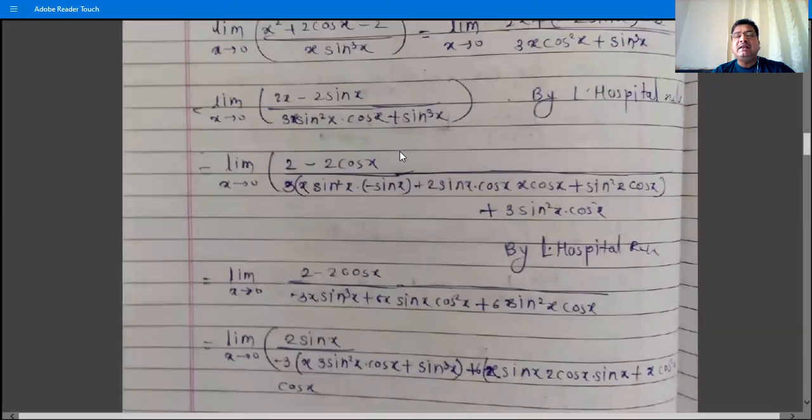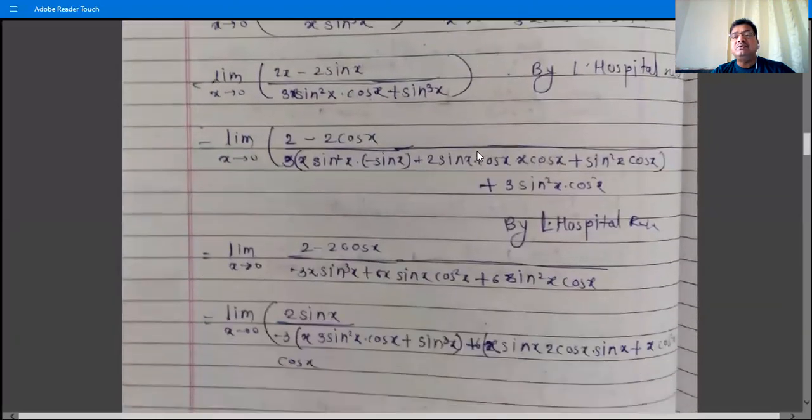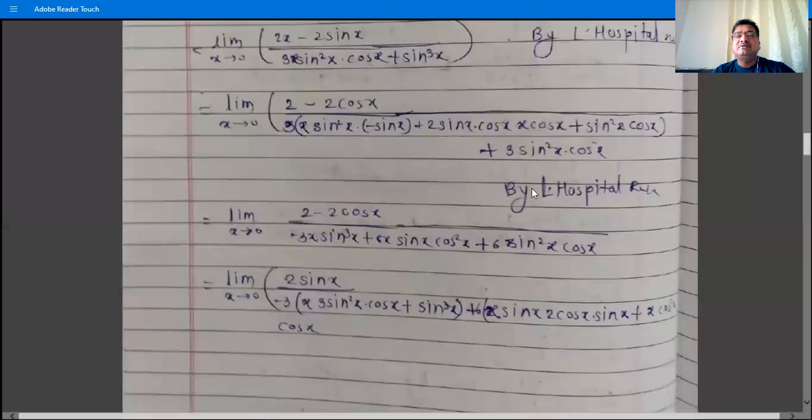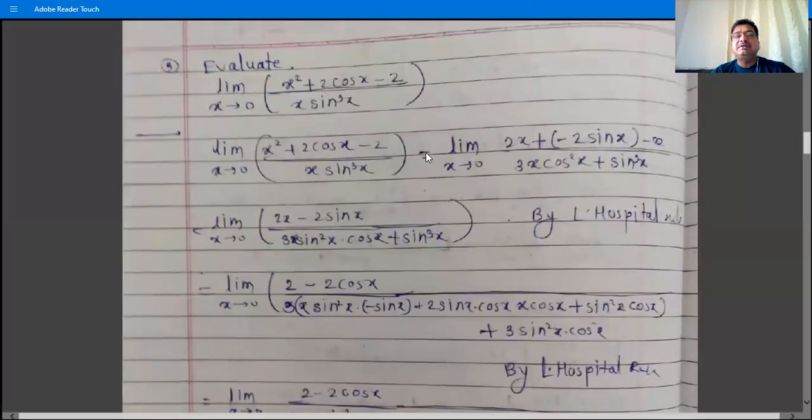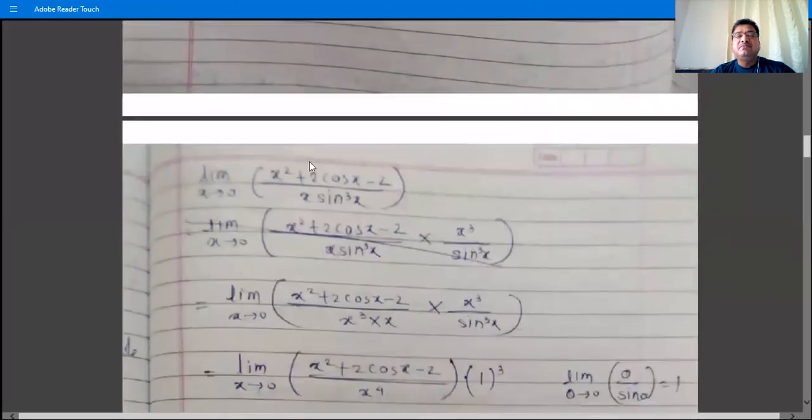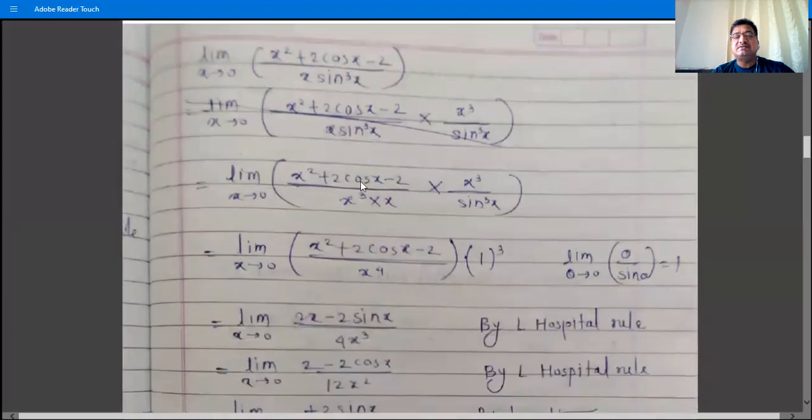If we directly apply the L'Hospital rule, then we have some complication in the calculation. So first write (x square plus 2 cos x minus 2) divided by x into sin cube x as this: (x square plus 2 cos x minus 2) divided by, separating this sin cube x, divided by sin cube x, and multiply by x cube and divide by x cube.